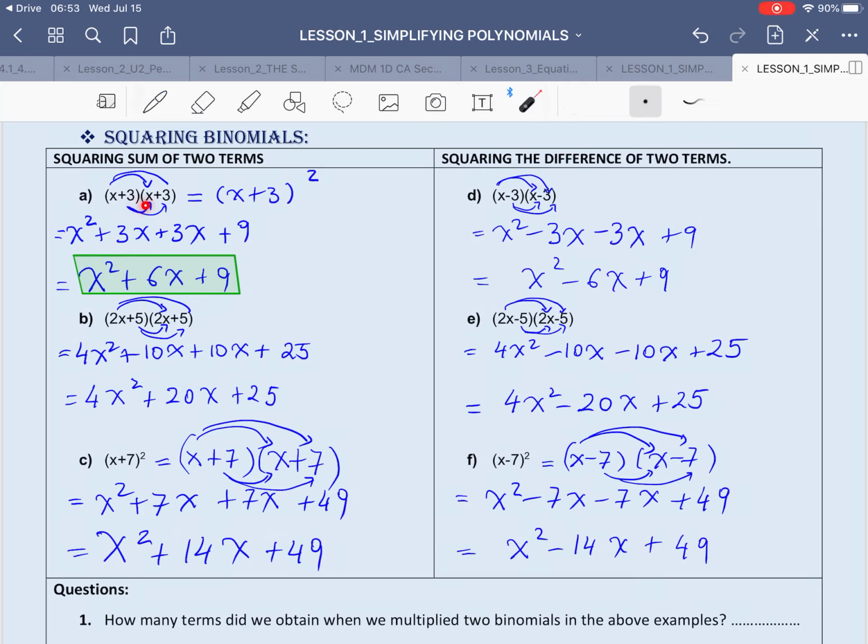And I'm going to write this down here. So, special products. Okay, so we have just learned the first special product, which is a plus or minus b squared equals a squared plus or minus 2ab plus b squared.